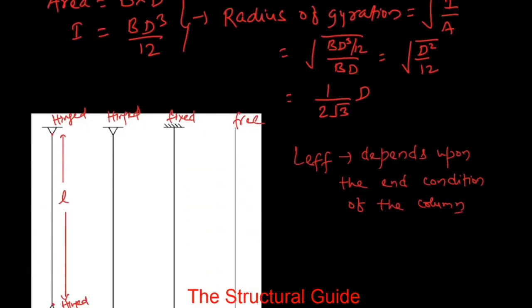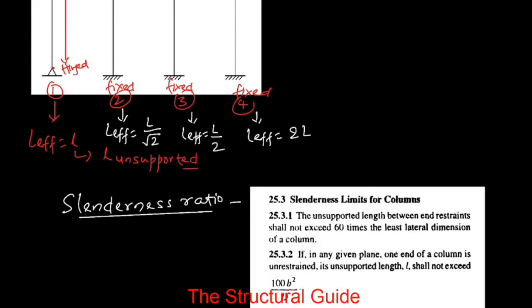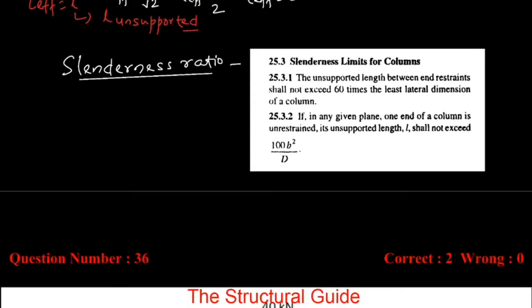So let's understand one more thing about the slenderness ratio, that is in IS 456. In IS 456 clause number 25.3, the slenderness limit of the column is given. So clause number 25.3.1 says the unsupported length between end restraints shall not exceed 60 times the least lateral dimension of a column.